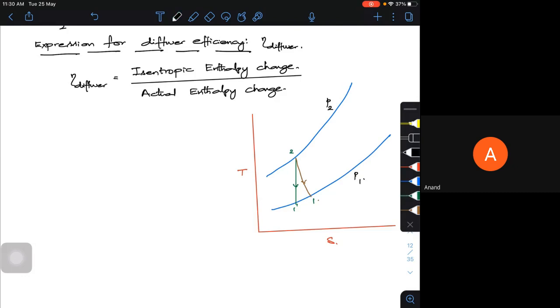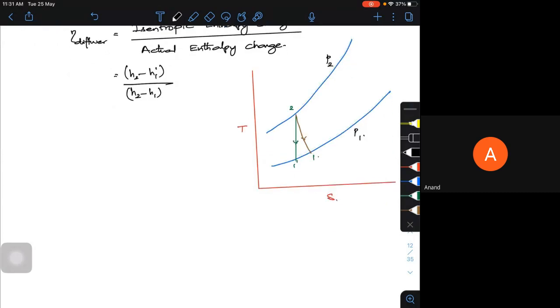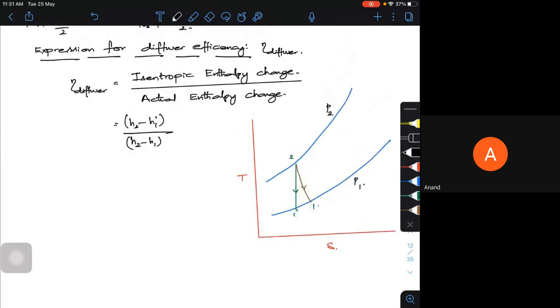So in terms of the values, this will be H2 minus H1 dash divided by H2 minus H1. Or in terms of velocity, we have already seen that delta h is equal to v1 squared by 2.